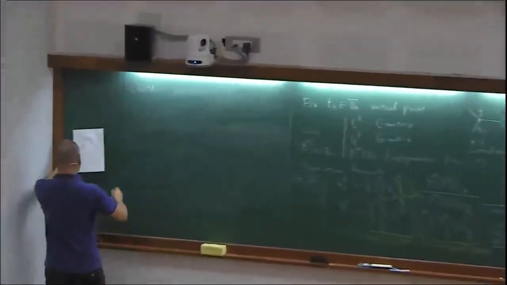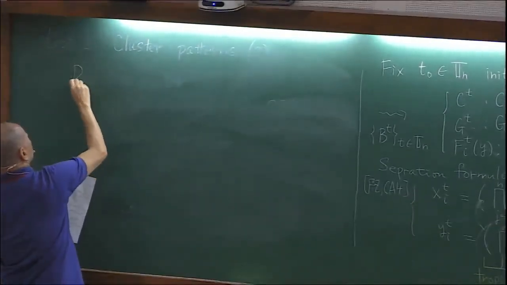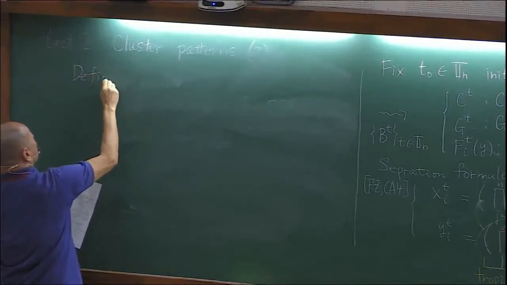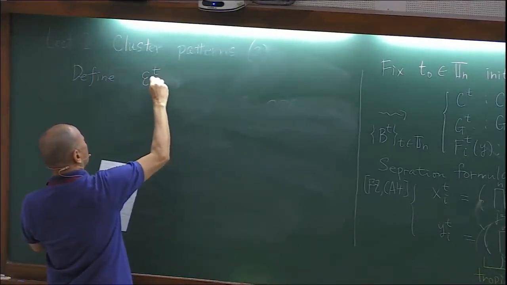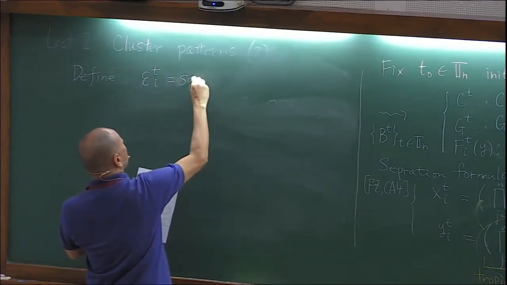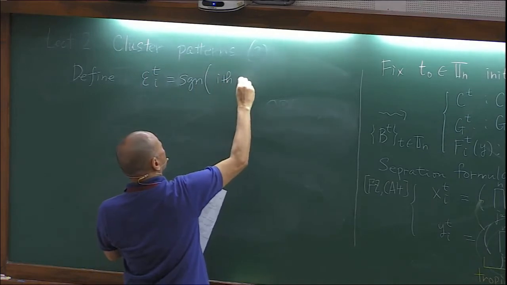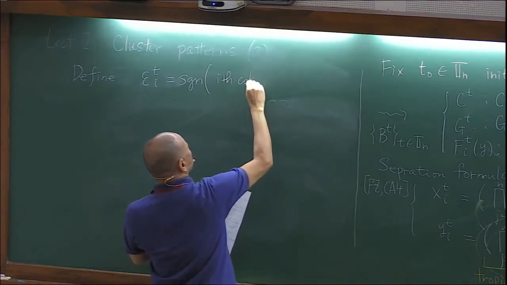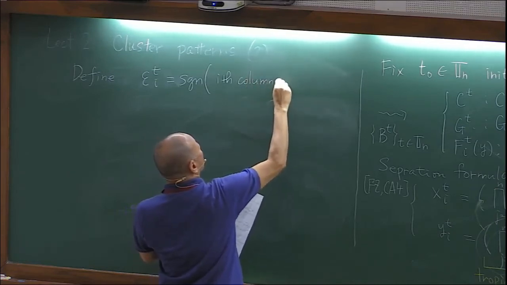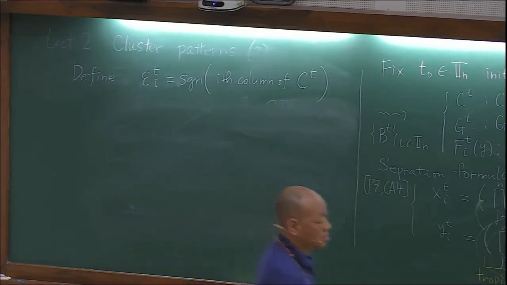In particular, first we can define the following quantity, epsilon_ti, which is the sign of the i-th column of the C vector, C of t. So I said this is a non-zero vector.